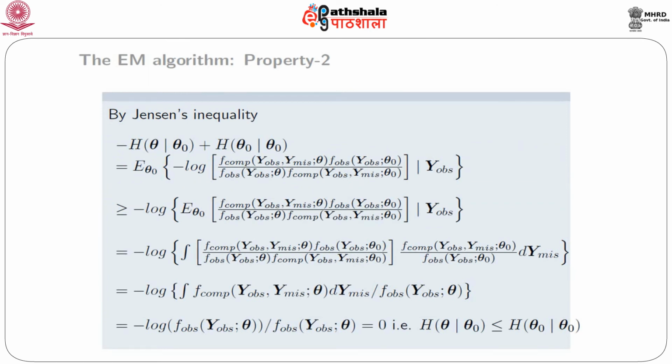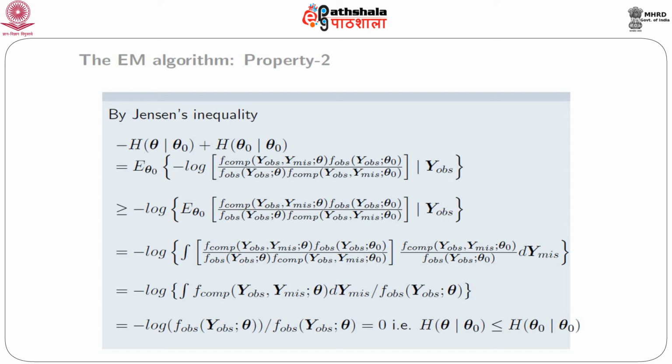Now, since log is a concave function, we can use Jensen's inequality, and using it we can prove that minus h of theta given theta naught plus h of theta naught given theta naught is greater than or equal to minus log of the likelihood of the complete observations by the likelihood of the complete observations, which is equal to 0.